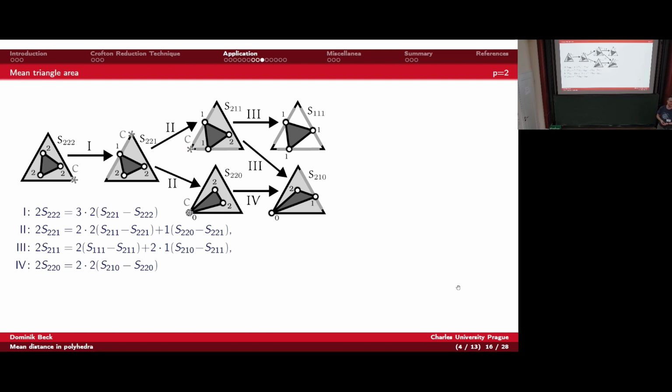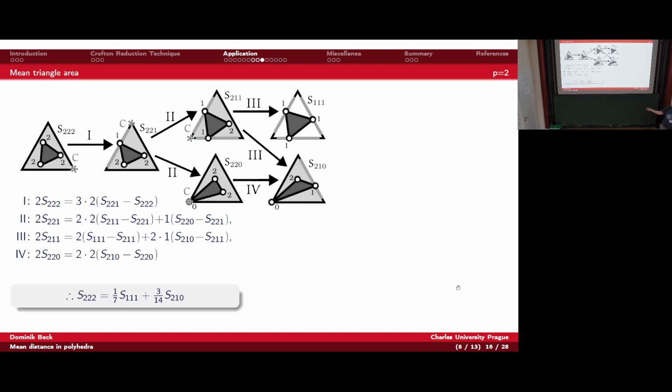But the problem is that now you are stuck because these configurations are irreducible. You cannot find the scaling point C because the intersection of affine hulls of these three sides is empty. But there is a trick for how to calculate the mean area if you select these 3 points on the sides. Well, first let me write down what the mean area is so far. It could be written as a linear combination of those mean areas.